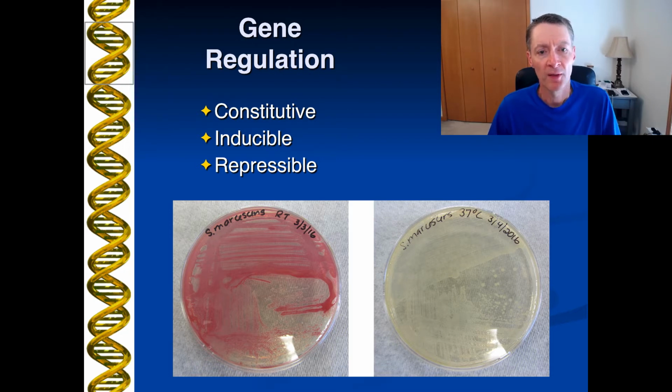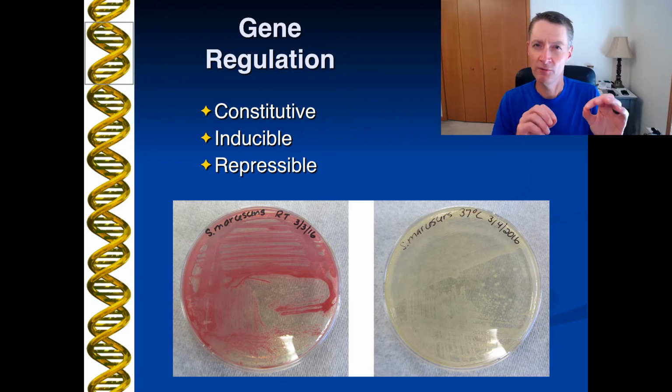But in this particular case, it's going to be turned off in an active way, right? So the difference between inducible and repressible would be, inducible would have to be in some way turned on by the presence of something like a sugar, and repressible is got to be turned off when there's enough of a certain product produced.